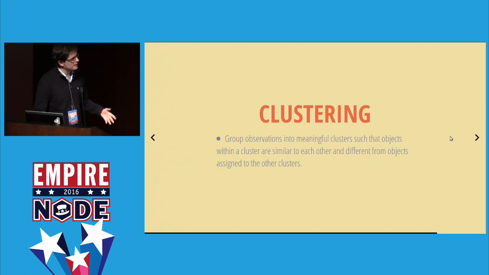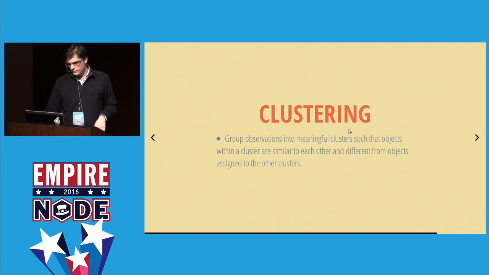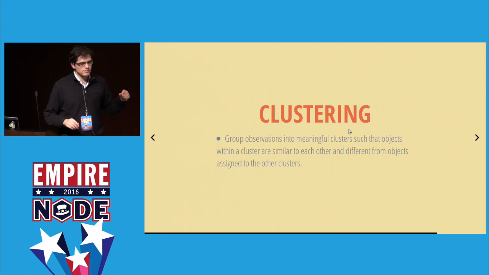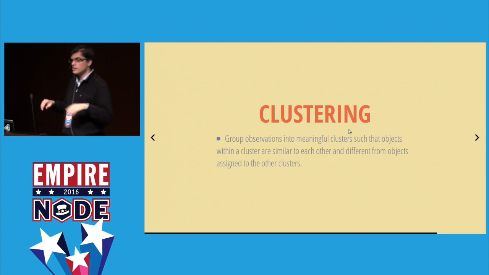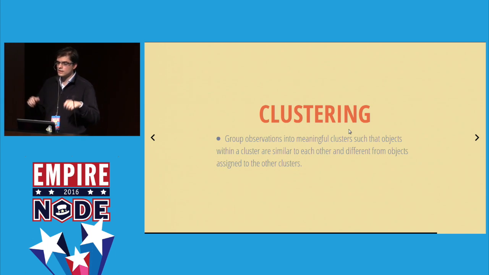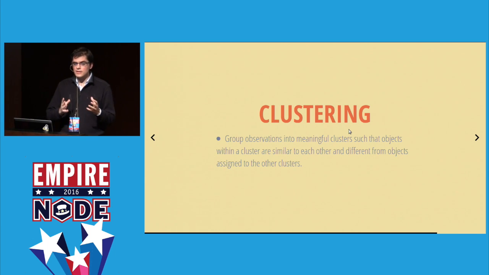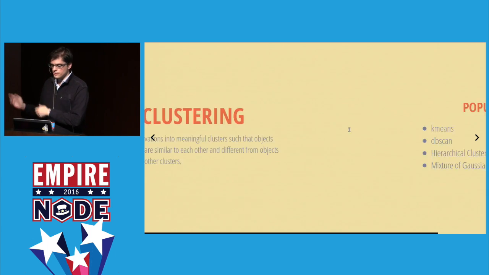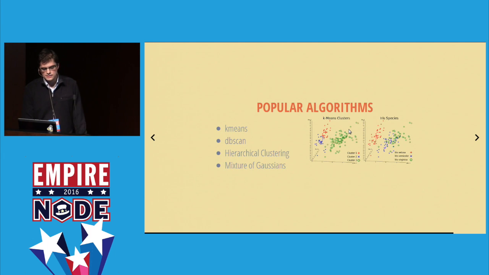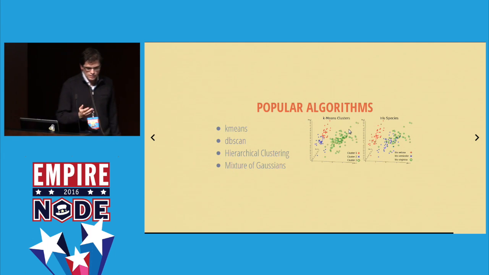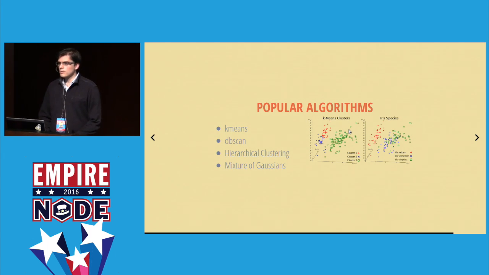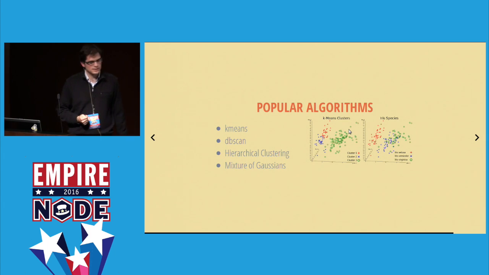Now let's look quickly at clustering. I don't have the time to give you an example here, but let's just remember what clustering is: we want to group observations into meaningful clusters, so that objects that we assign to one group are more similar to each other than to those assigned to other groups. There are many different methods that you might have come across. For example, one of the most popular is k-means clustering, which is really efficient and generally gives good results.